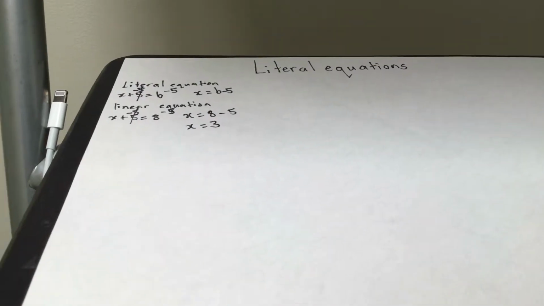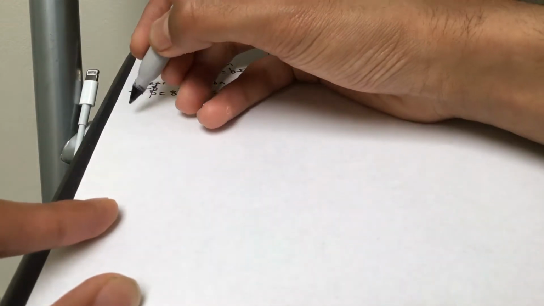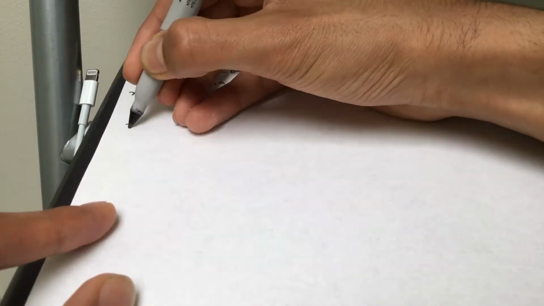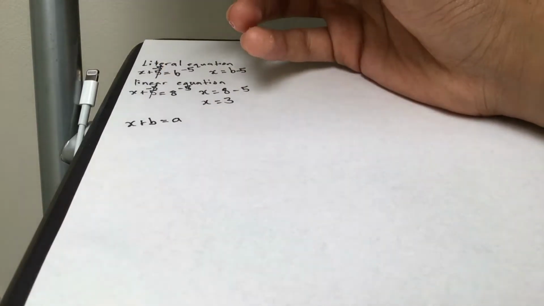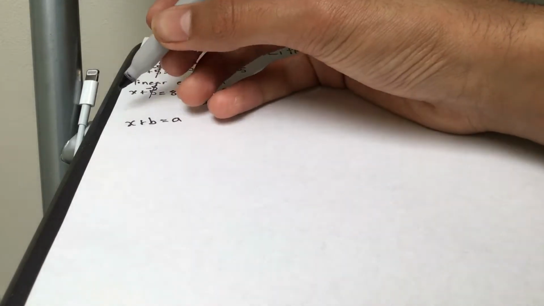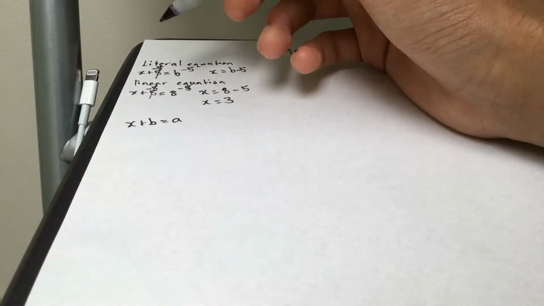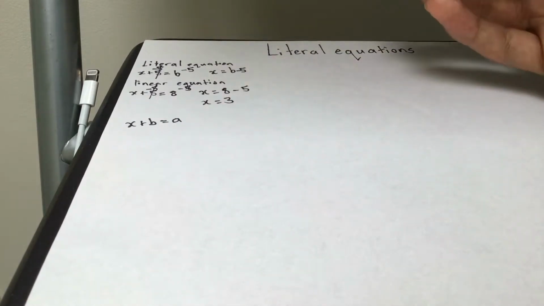Now let's get into some more examples of literal equations. Let's do x plus b is equal to a. x has to be left on one side, and normally, if it's already positive, you leave it on the left-hand side, or whichever side it's on.